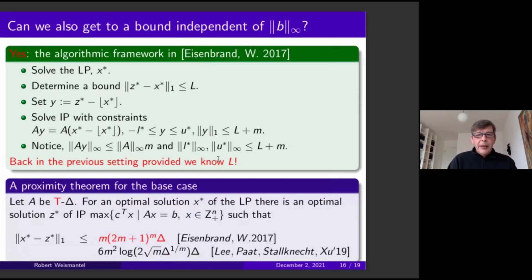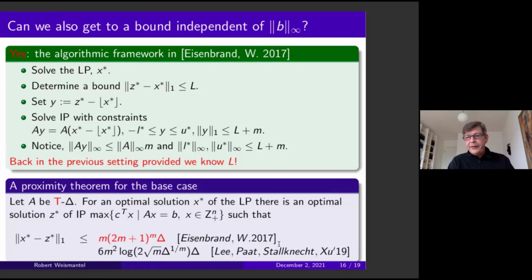And in fact, what you can now show using this type of approach is a proximity theorem for the base case. And in fact, this capital L in this algorithmic framework here can be replaced by m times (2m plus 1) to the power of m times delta. That's in the paper with Fritz. Or there's a more recent variation of our analysis.